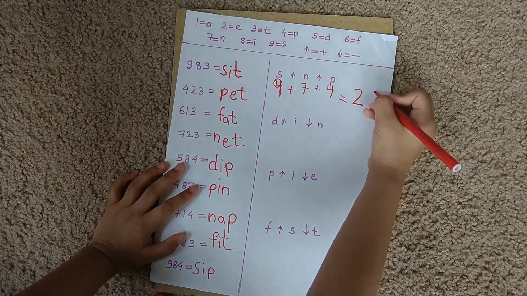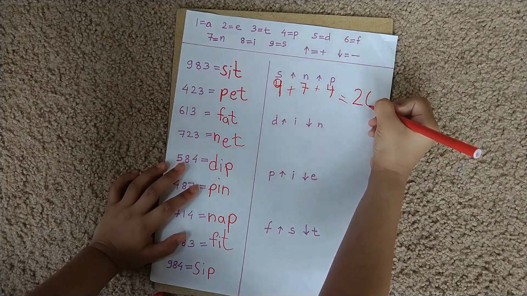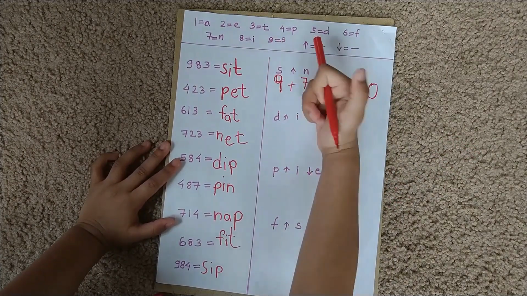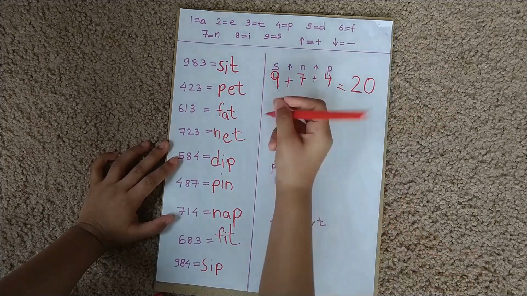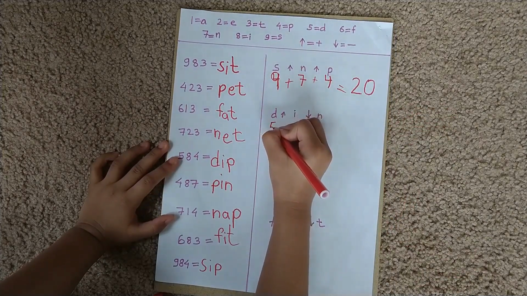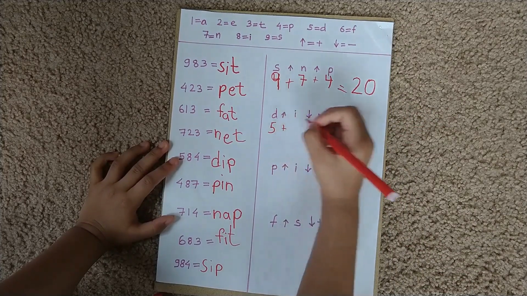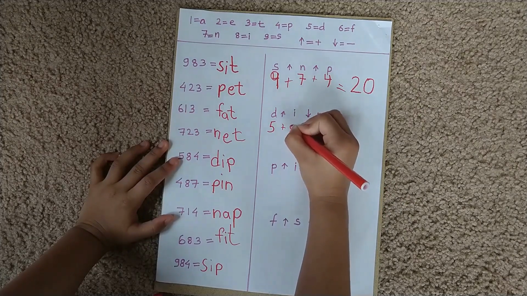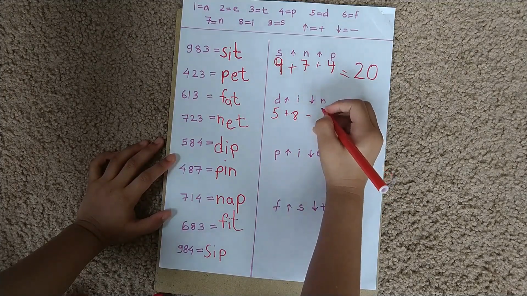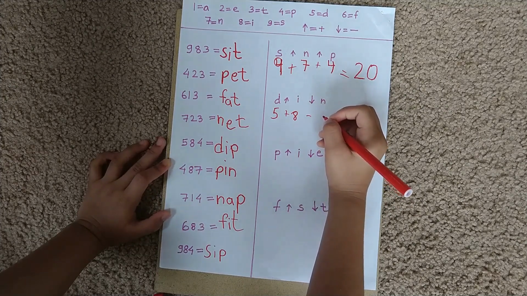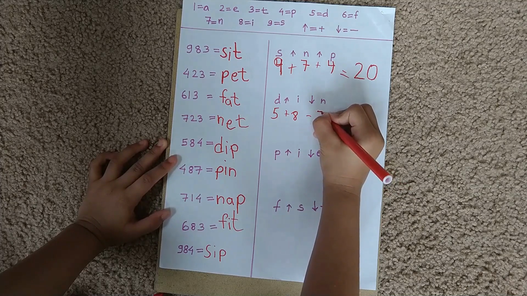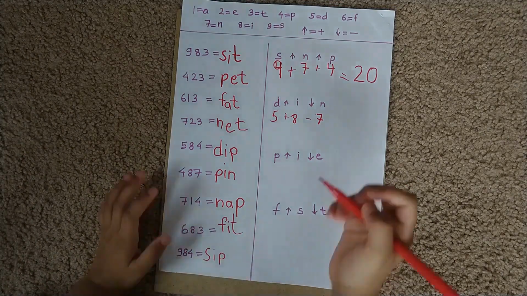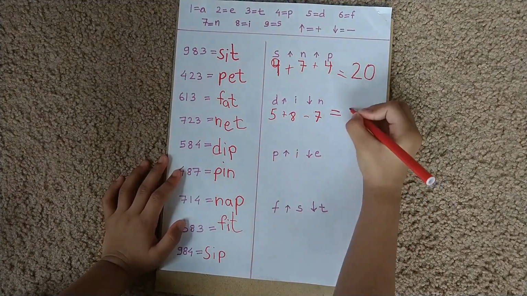You can write it first to make it proper size. D stands for 5. So the answer is 6.